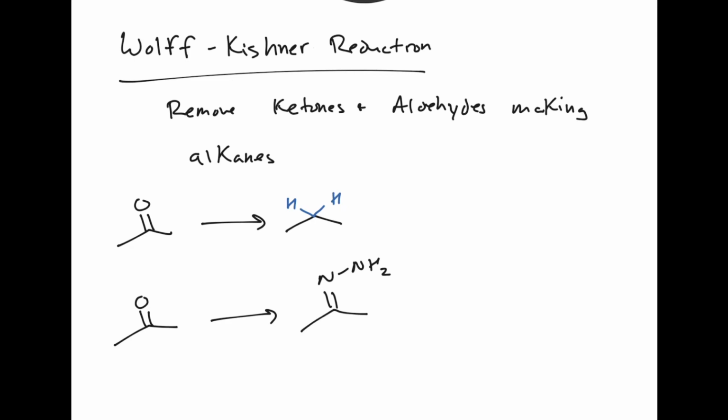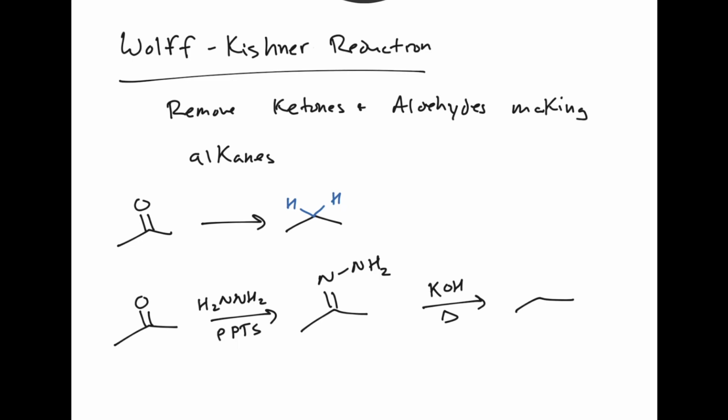This we know how to do, right? It's hydrazine and an acid, PPTS or tosic acid, that will make the hydrazone. And then we can treat that with KOH and heat, and that will remove the hydrazone and make the alkane.